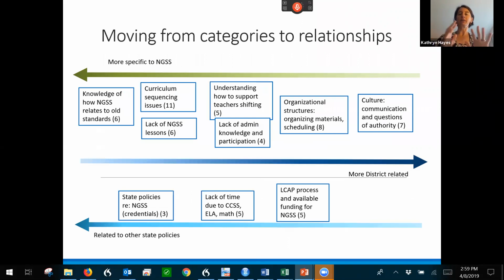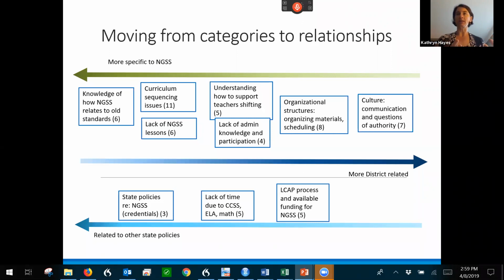And again, you've seen this before in the paper I showed you. The things that they're making sense of, some of them are more specific to NGSS, that's the green arrow. Some of them are more district related, that's the blue arrow. And some of them are related to other state policies, that's the light blue arrow at the bottom. And of course, they're somewhat interrelated. So on the far left, you have knowledge of how NGSS relates to old standards.